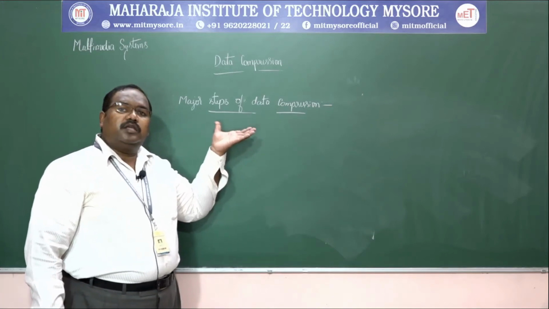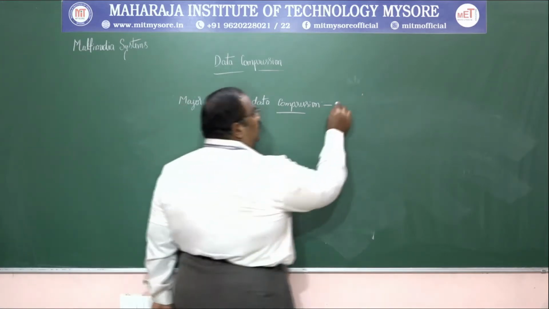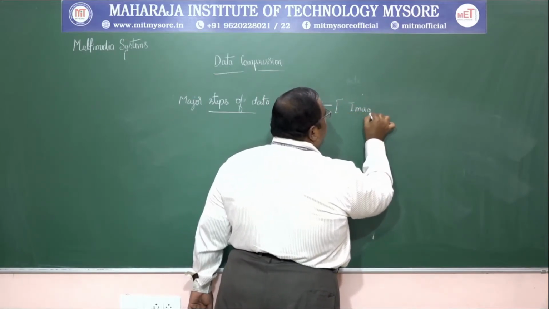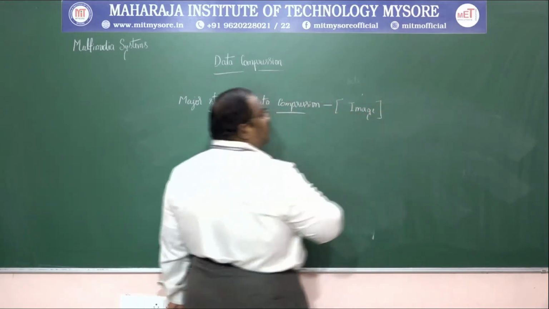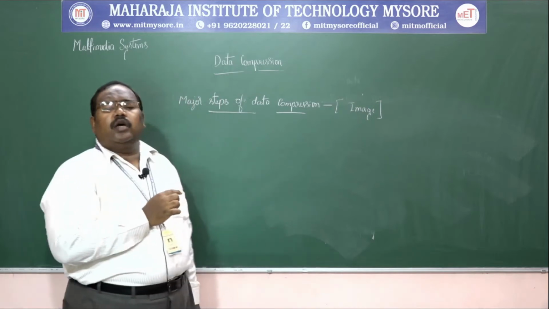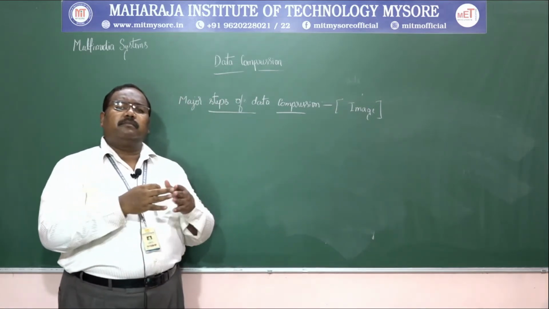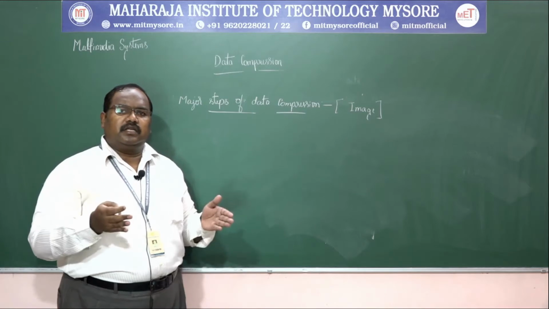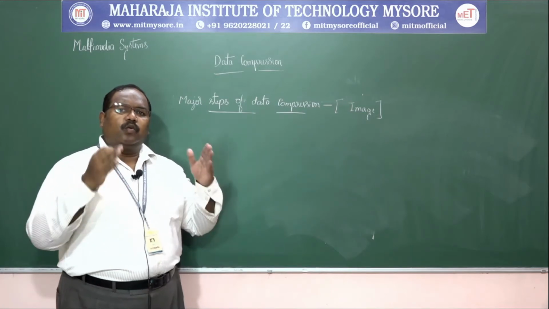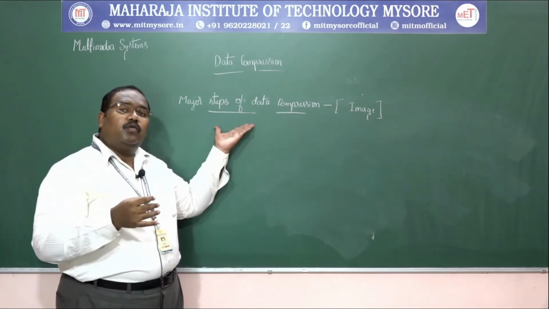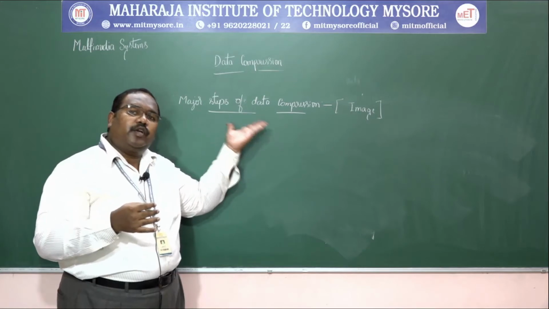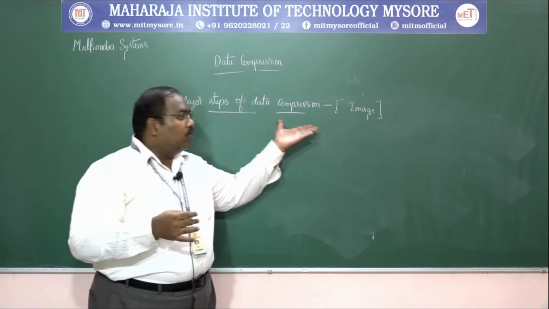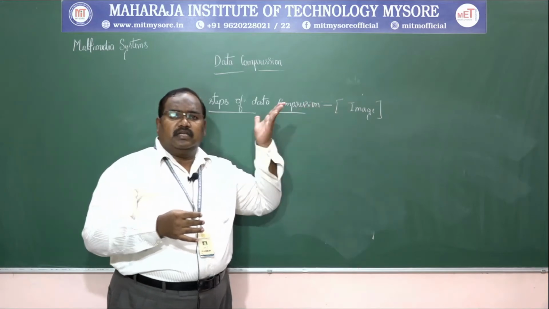Here we are mainly concentrating on images. This should be made clear, because when we talk about compression, we are compressing various multimedia elements. So we should be very specific in discussion and in narrating what kind of multimedia element we are talking about. Here the major steps of data compression with respect to an image are discussed.